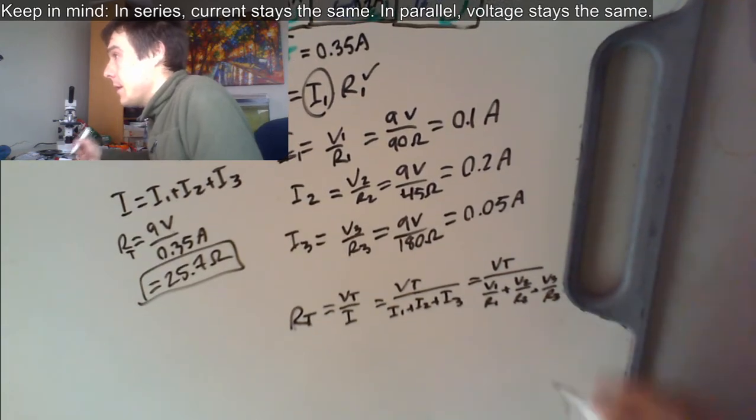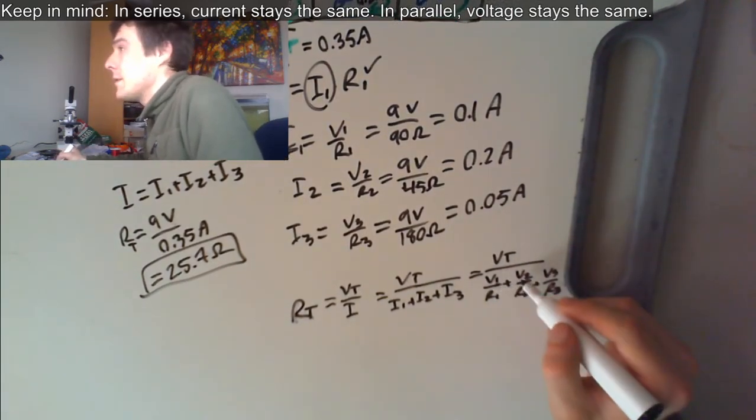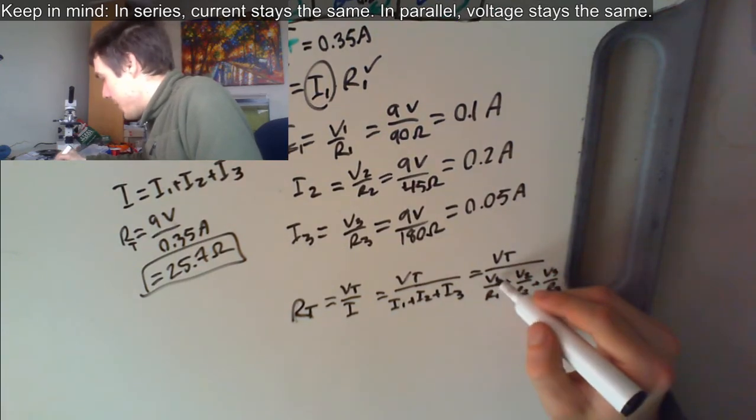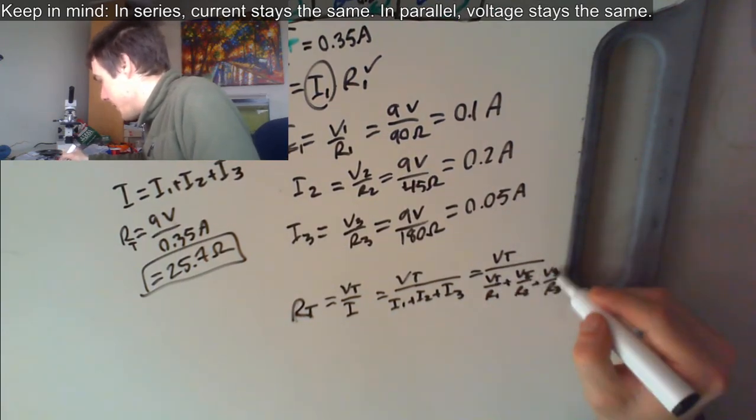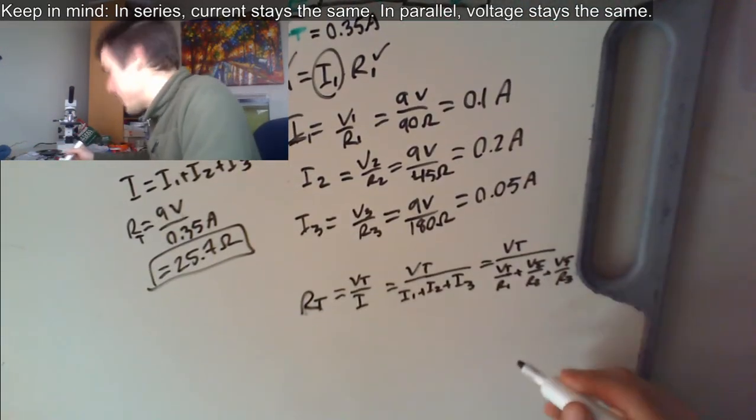Except each of these is the same V. It's just VT the whole time. It's 9 volts, 9 volts, 9 volts. So it's just VT the whole time.